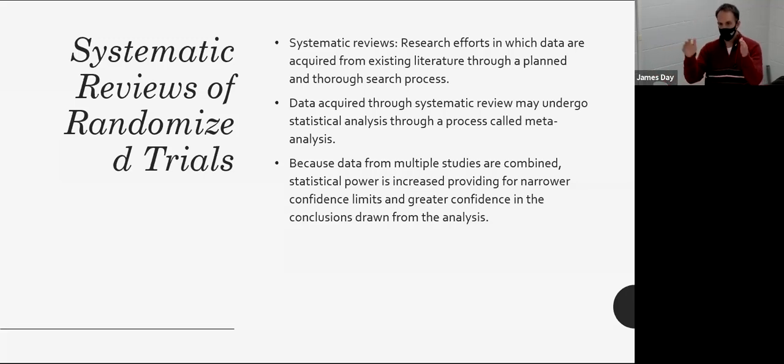You set a methodology, and then every research article that matches that methodology is included in the review. Therefore, it's considered the highest level of evidence in that category because it includes multiple research articles, and you can't cherry pick them.